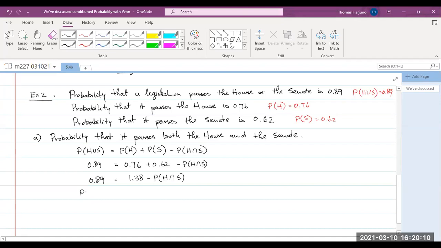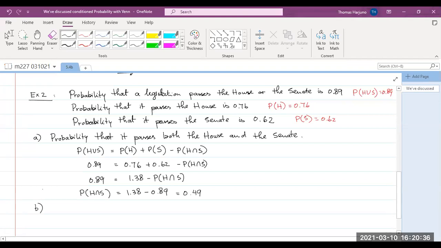So probability of the intersection is equal to 1.38 minus 0.89, which is 0.49. Okay, that one is, I think, still easy.